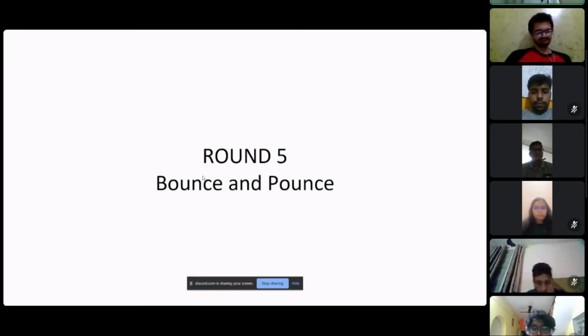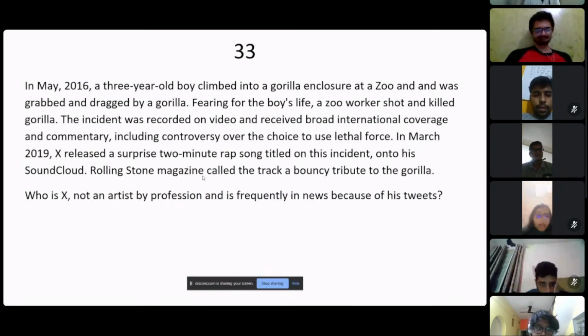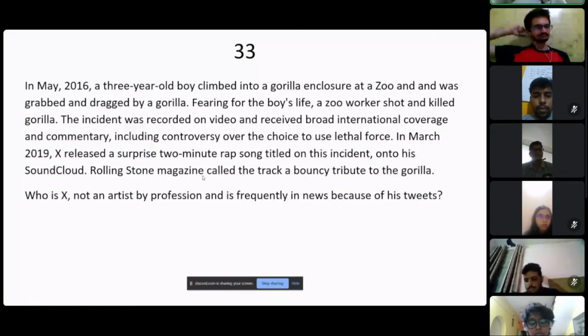In May 2016, a 3-year-old boy climbed into a gorilla enclosure at a zoo and was grabbed and dragged by a gorilla. Fearing for the boy's life, a zoo worker shot and killed the gorilla. The incident was recorded on video and received broad international coverage and commentary, including controversy over the choice to use lethal force.